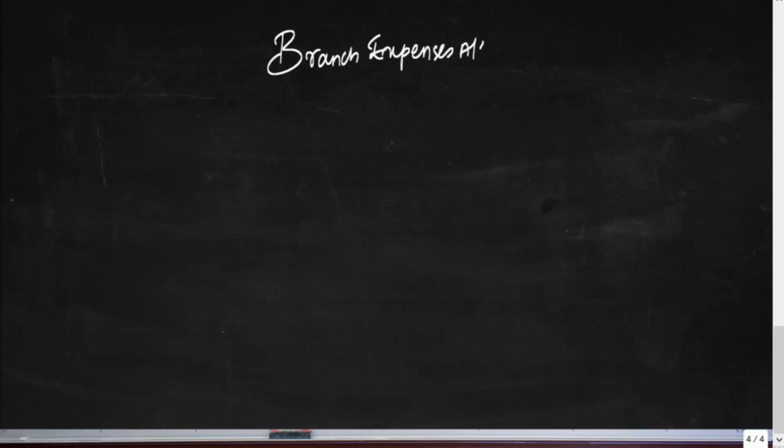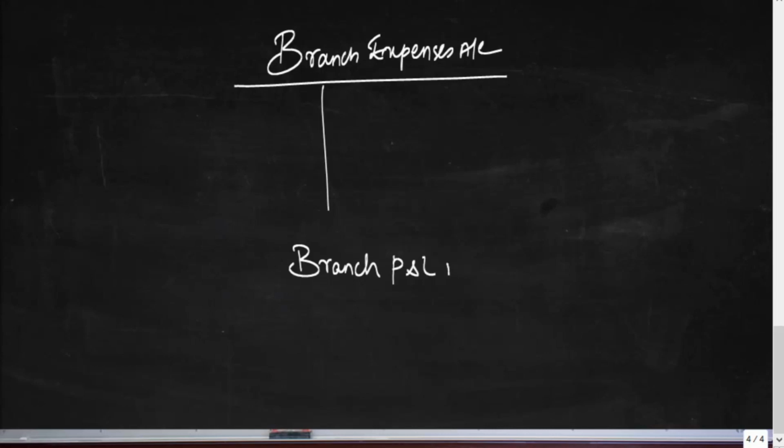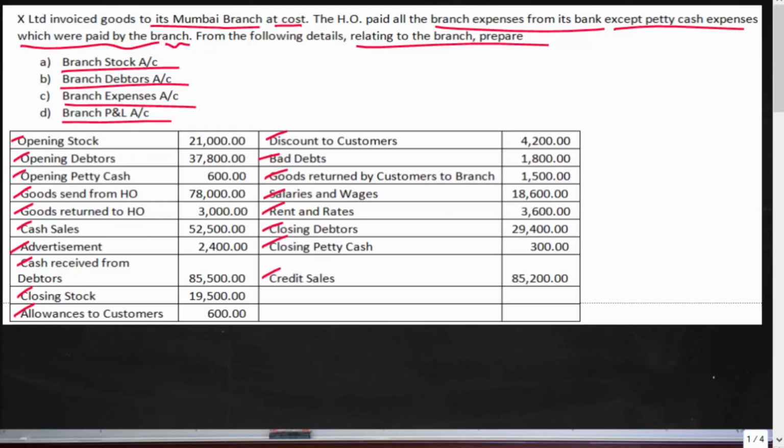And then we need branch P&L account. So these four are the accounts which we have to prepare as per the requirement in the question. So let's go one by one.